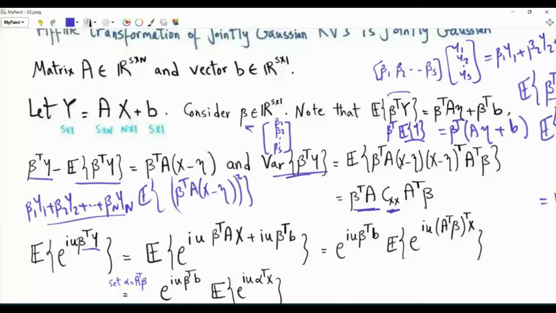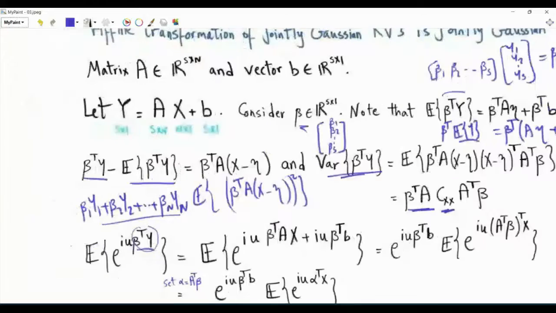Number two, I will try to compute the characteristic function of this random variable, which by definition is the expectation of e to the i, where i is the square root of minus 1, times u. So the characteristic function is parameterized by the real parameter u, and then this is the random variable under investigation. What we are trying to do is compute the characteristic function of beta transpose y, and this is nothing but the weighted sum.